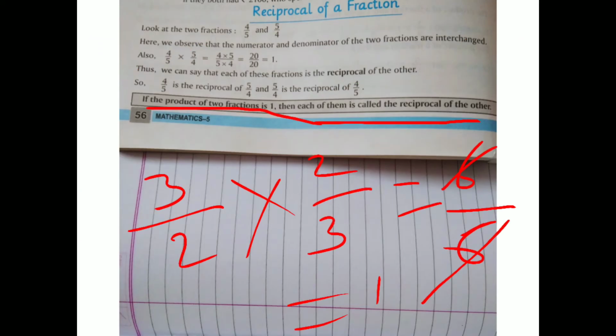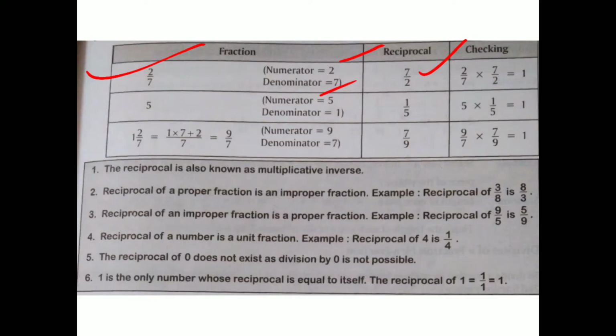Same again, the next example is 5. Here the numerator is 5 and there is no denominator, which means 1. So 5 only, not having anything, we take 1. So this is the numerator and this is the denominator: 5 upon 1.